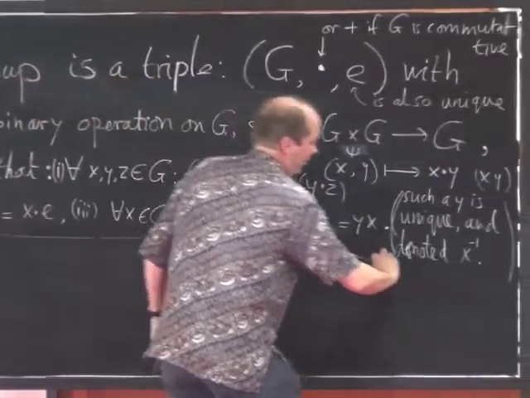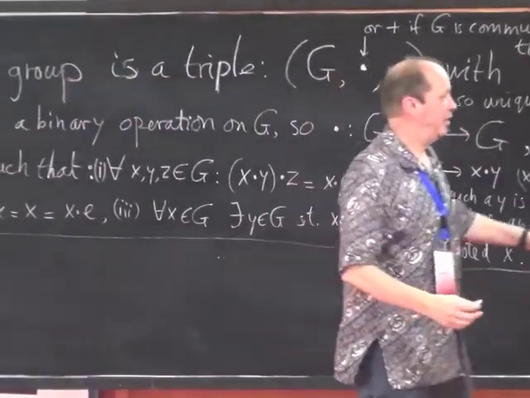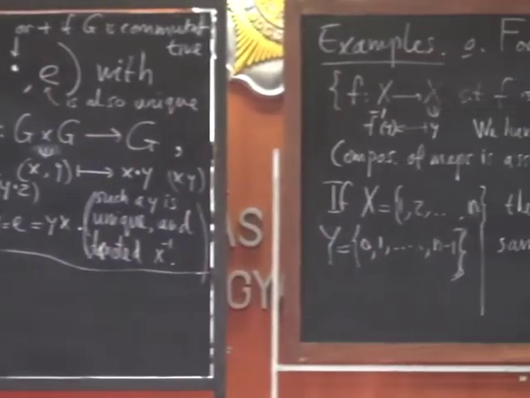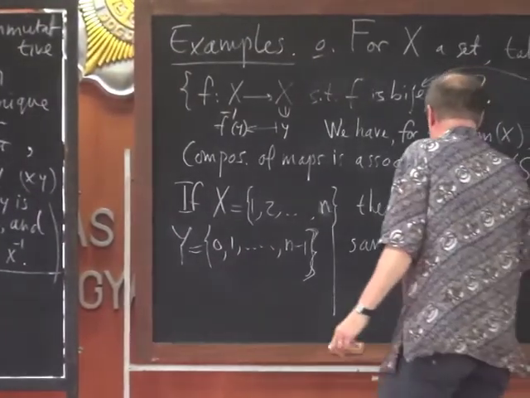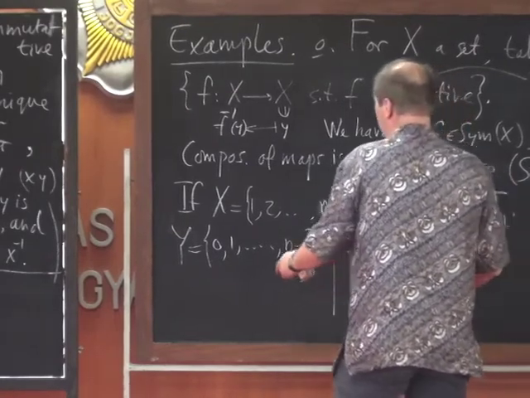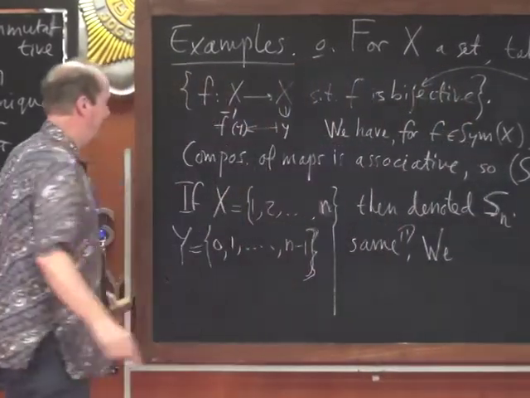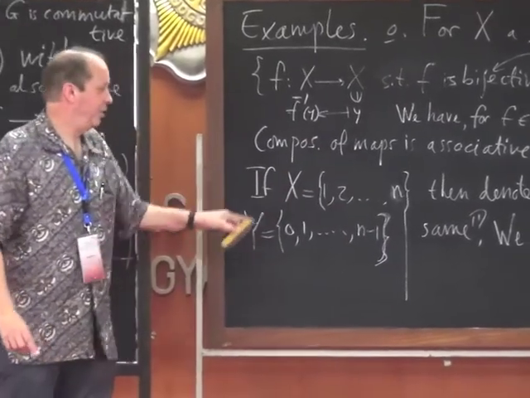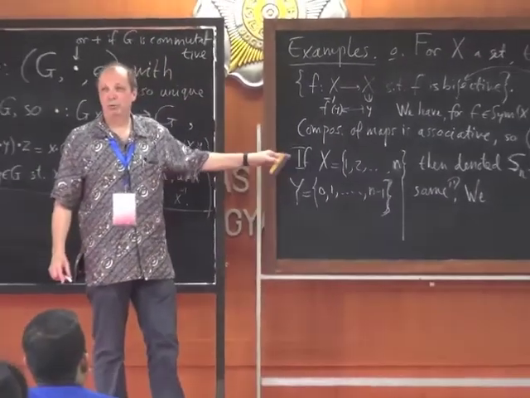Can I compare Sym X and Sym Y? What we can do is somehow identify these two sets. How do we do that?